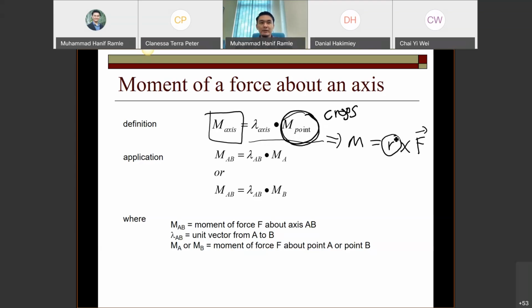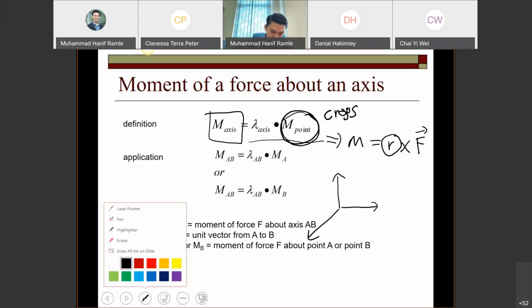Since r here, we have at least two different values. Because it is an axis, at the end of the day, you will have four different r. For example, like this, because on an axis we have two different points, not like a single point last time.